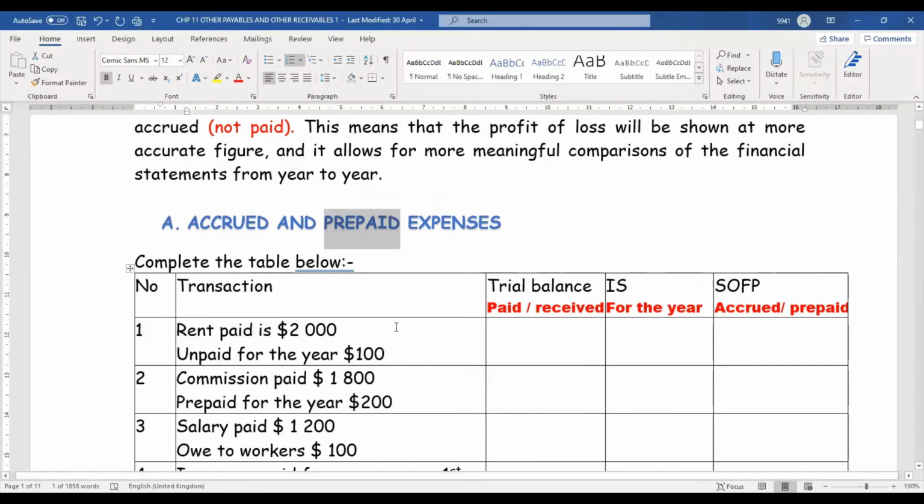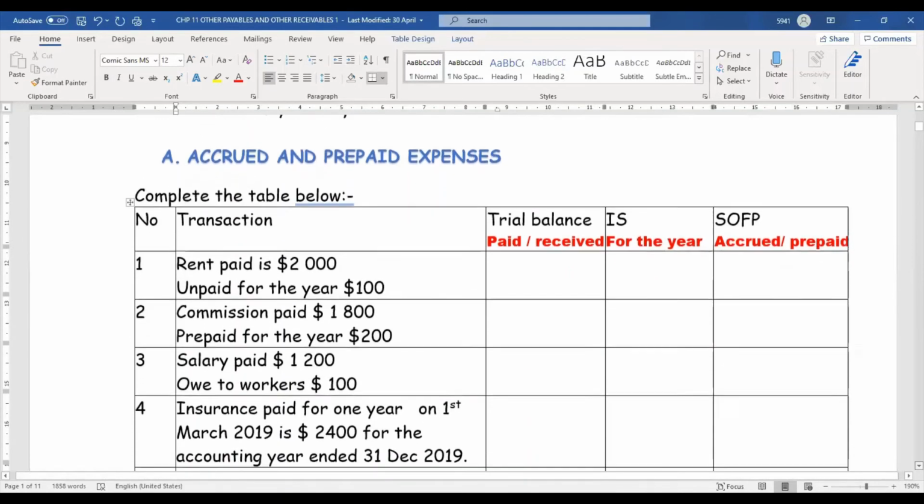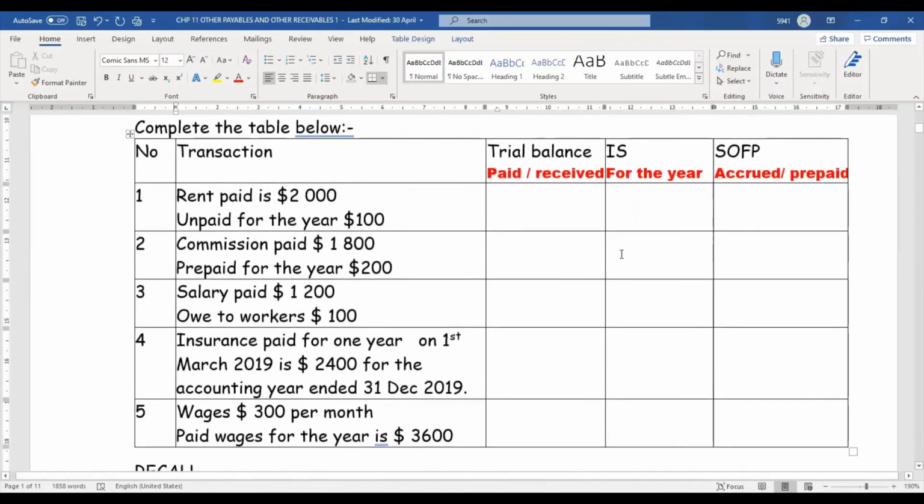So before we continue, we try to do this table here. Let me explain. The trial balance means the amount in the trial balance. We need to read the transaction here and try to fill in the figures. In the trial balance, we will write how much you paid or received. In the income statement, how much for the year, regardless of whether we paid or received.